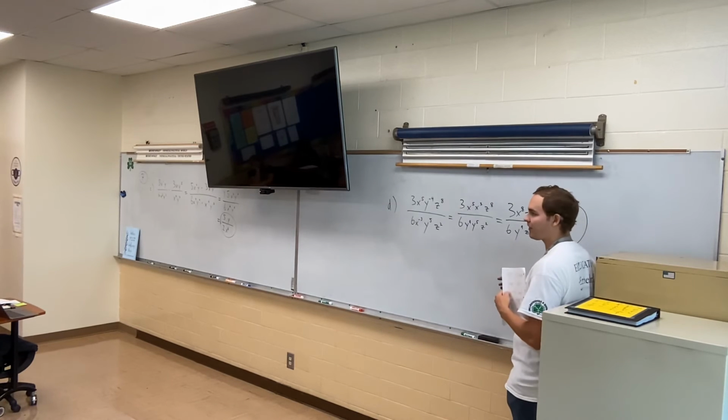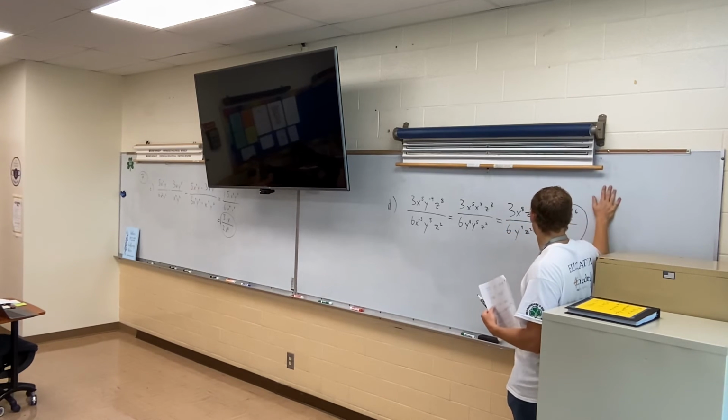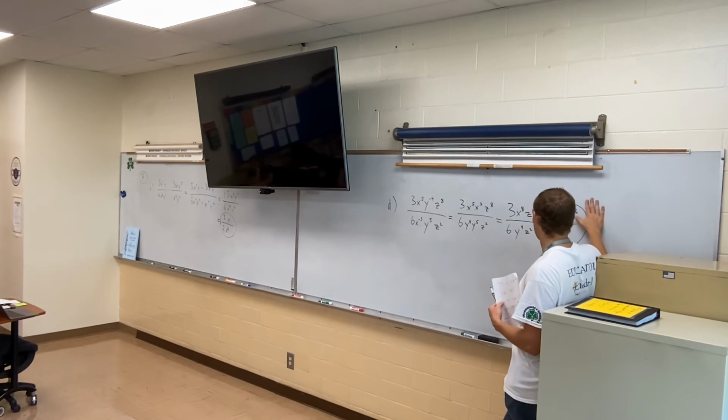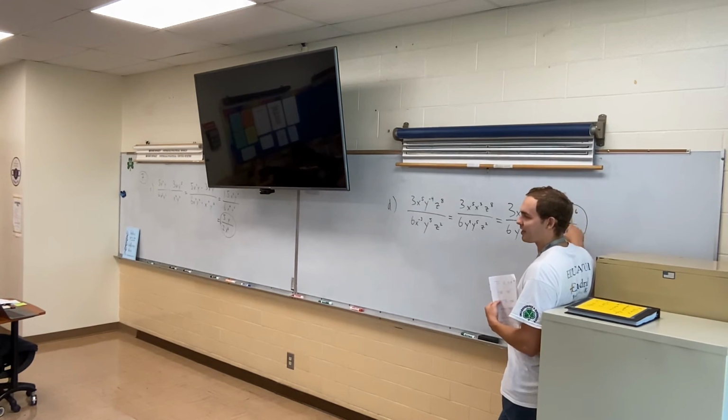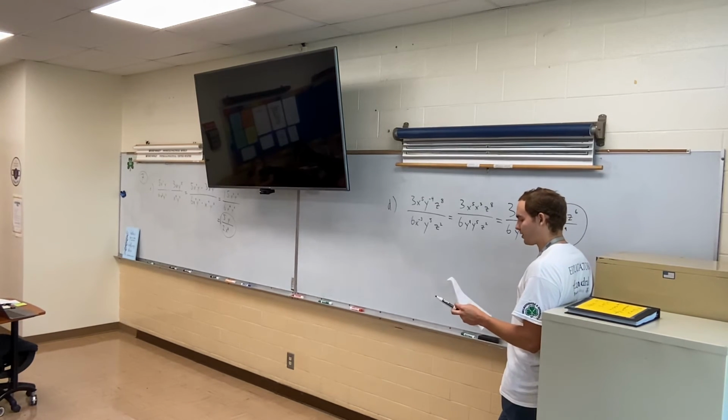So when I'm fully simplified, my numbers are in simplest form as a fraction, I don't have any negative exponents, and each variable appears in only the numerator or the denominator. That's one thing we're looking for on the quiz.